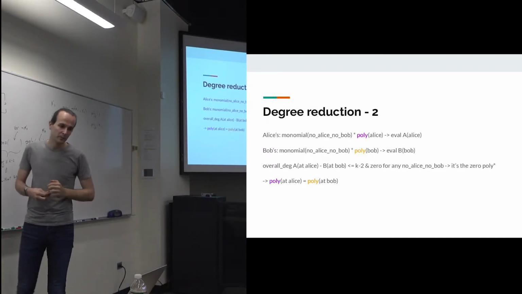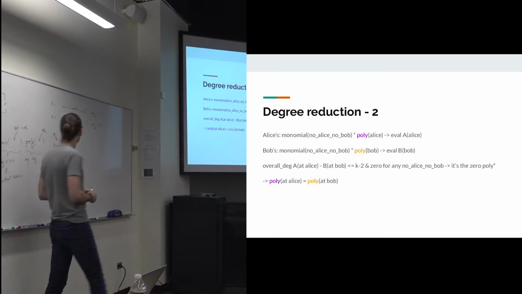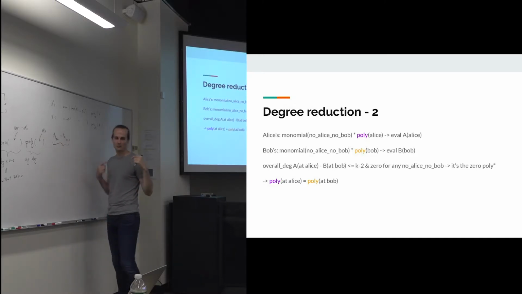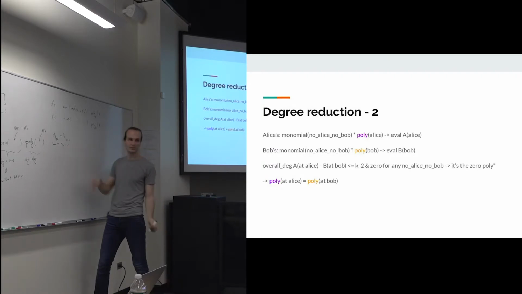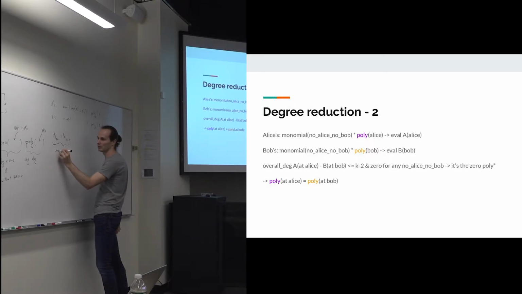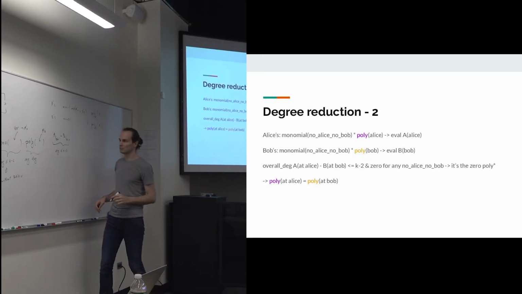And I take the difference, so this minus B at Alice's. Actually, I want to evaluate at Bob's too, I think. So this thing here only has everybody's variables except for Alice's and Bob's, because I just evaluated. So it must be of degree less than or equal to k minus 2.